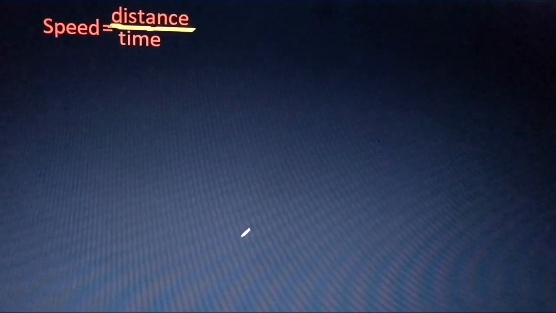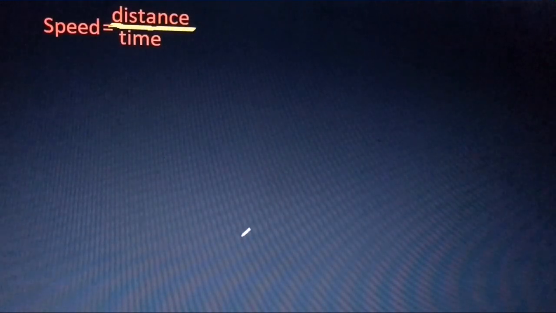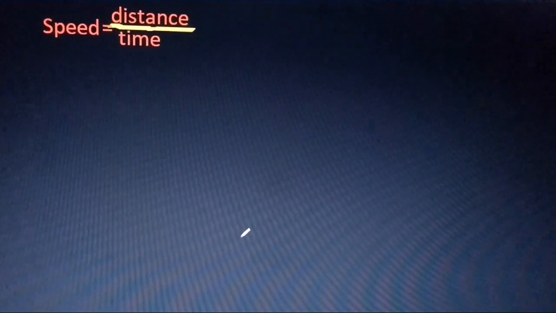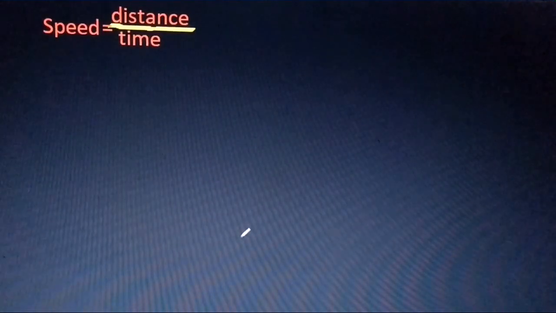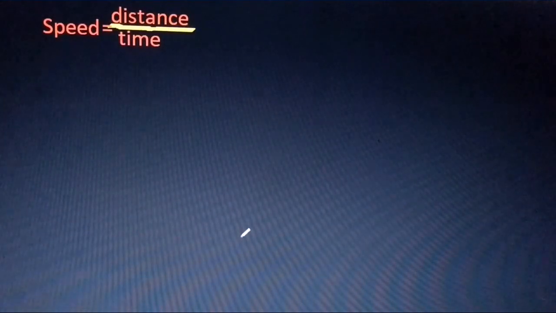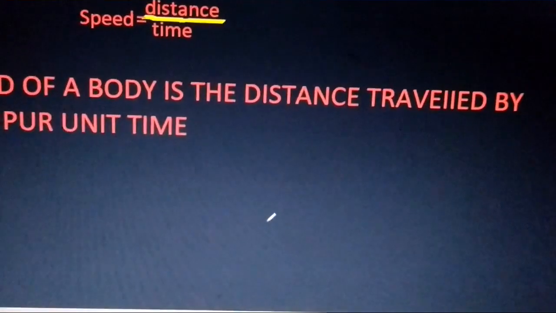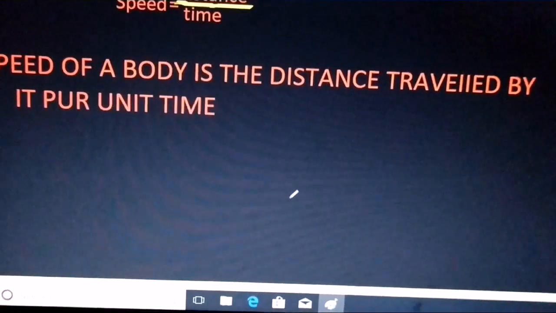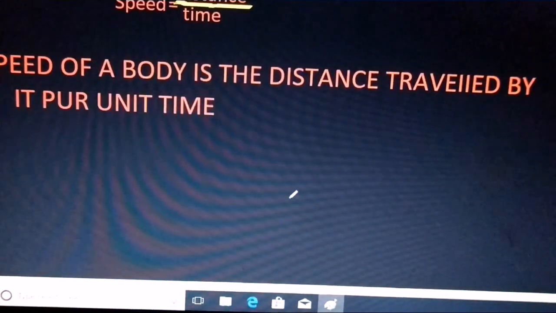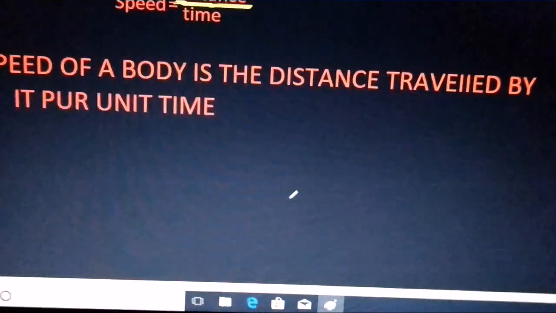From this formula the definition is that the speed of a body is the distance traveled by it per unit time.